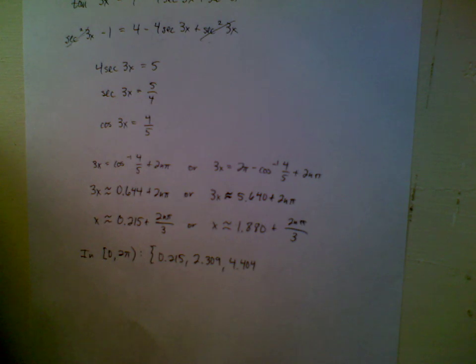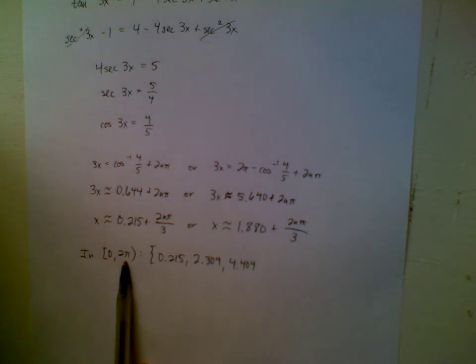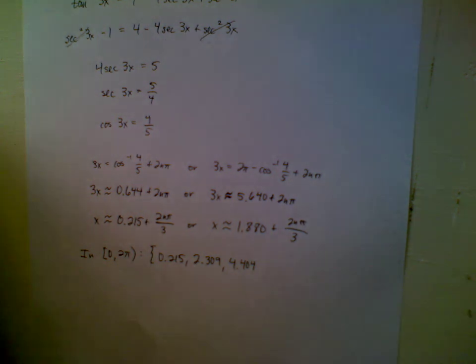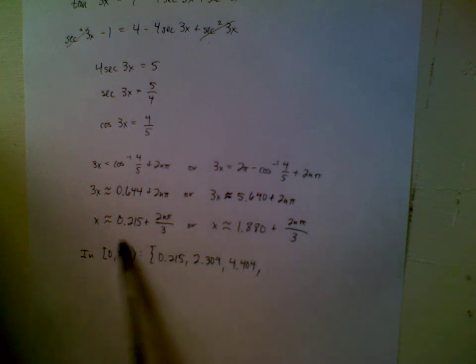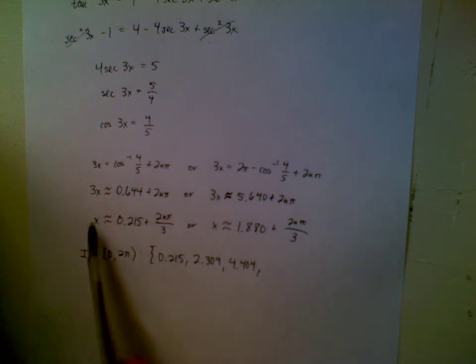And if you're wondering where you should stop when you hit 2 pi, which is about 6.28 or whatever, let me try plugging in 3. If I plug in 3, I get 6.498. It's too big. Okay? So that does it for this set.